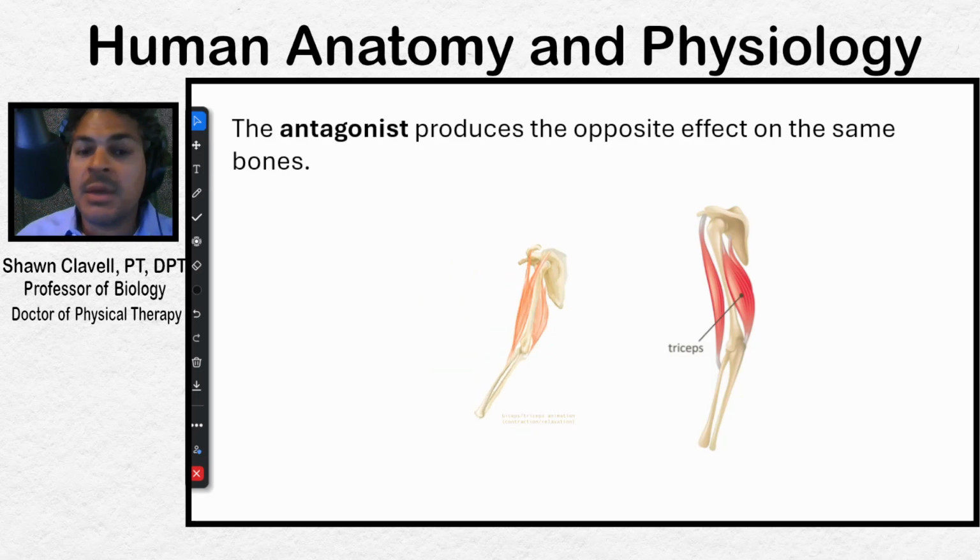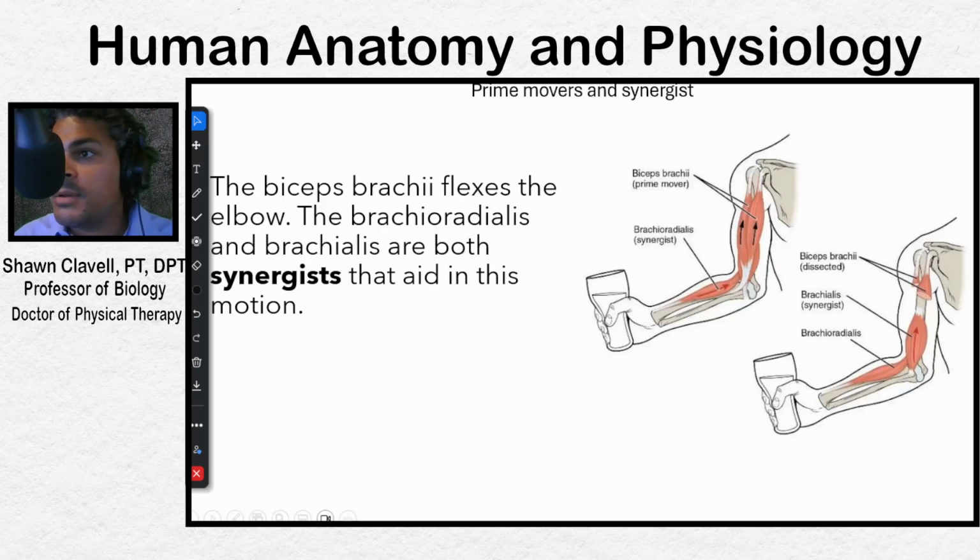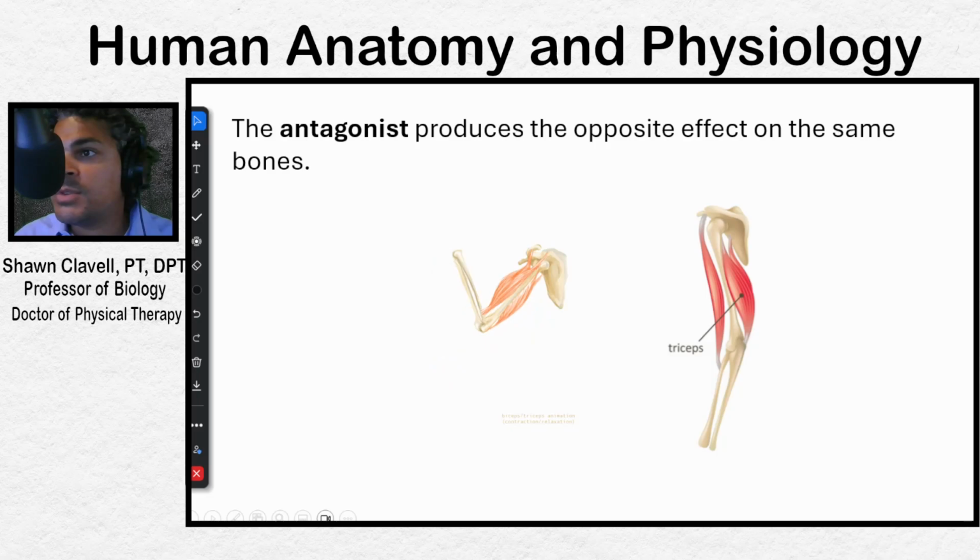If I had an example of extension, the biceps would be relaxed as the triceps would be contracting. Maybe we can just draw it here.